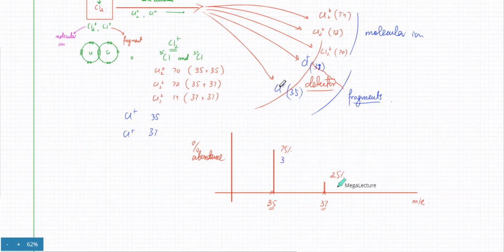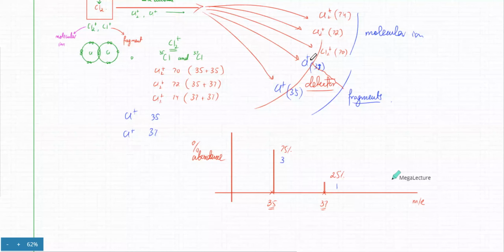So 3:1. Now, in both cases, make sure that you convert whatever ratios are given into percentages, or fractional percentages. That would also work.